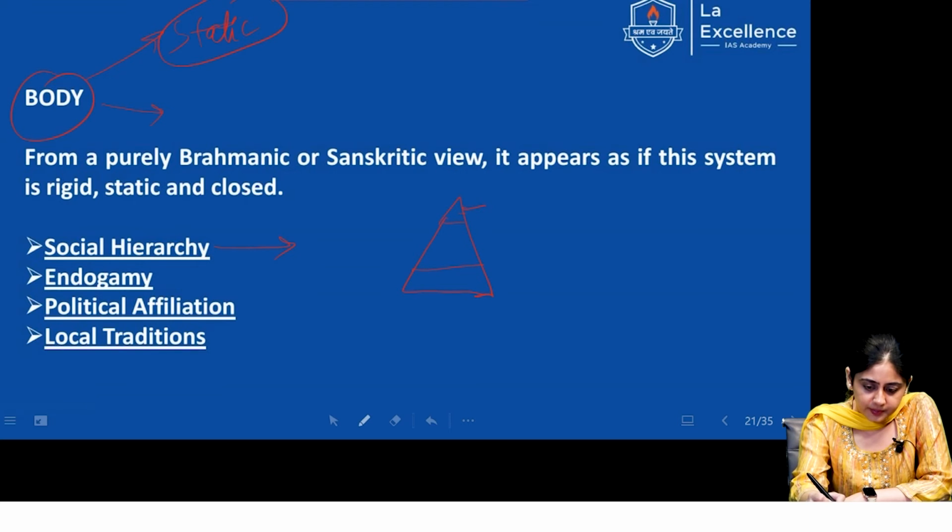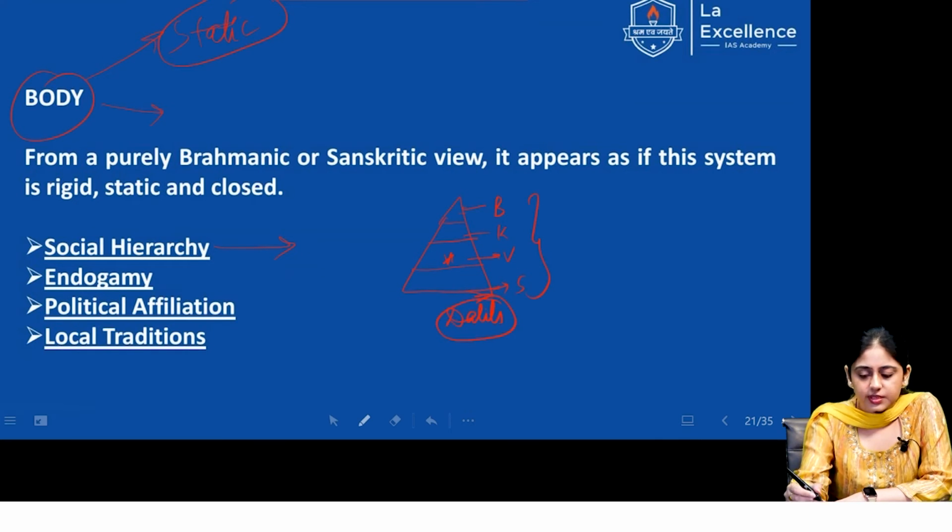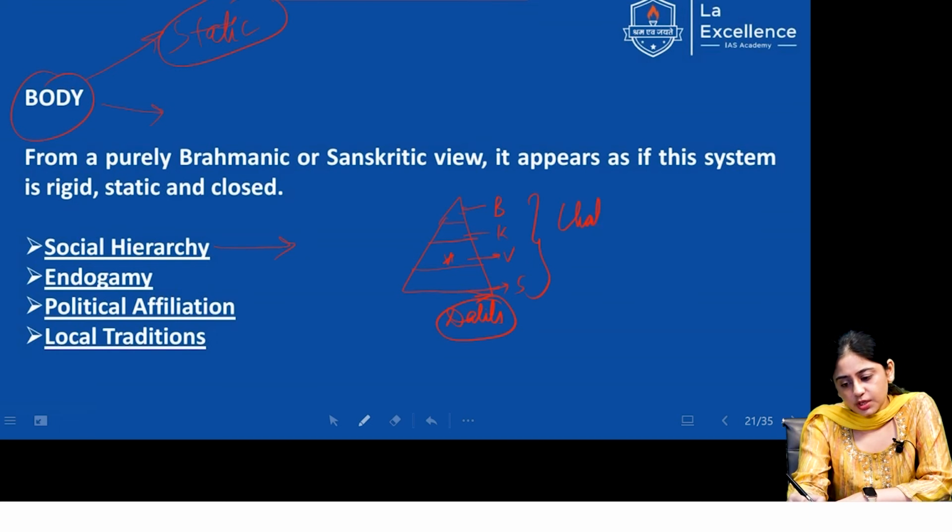So you have Brahmins at the top, then Kshatriyas, Vaishyas, and then Shudras, right? And outside there are also Dalits, who are known as Avarnas. This scheme is known as the Chaturvarna scheme. Chaturvarna in Sanskrit means fourfold classification.